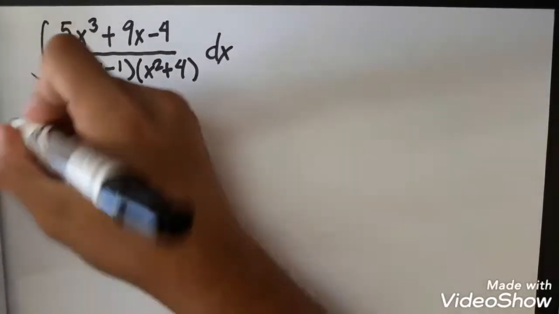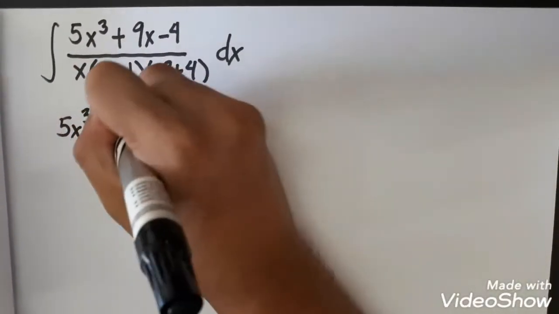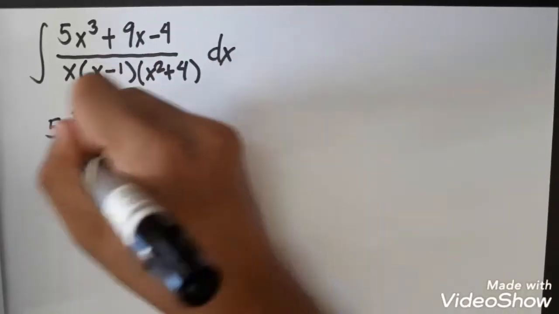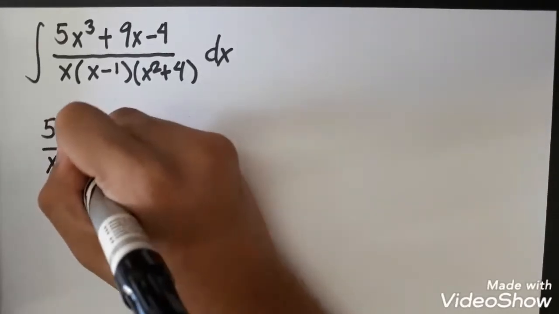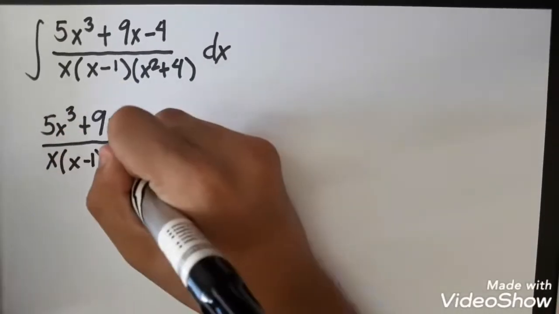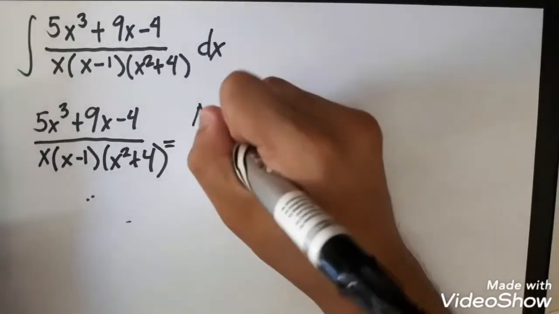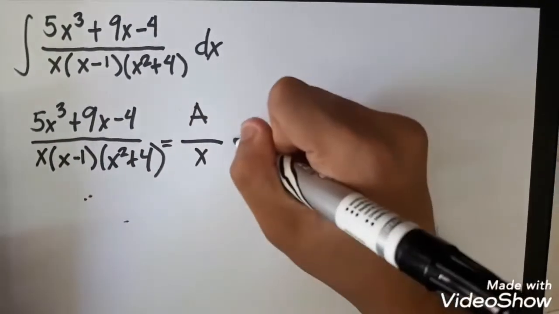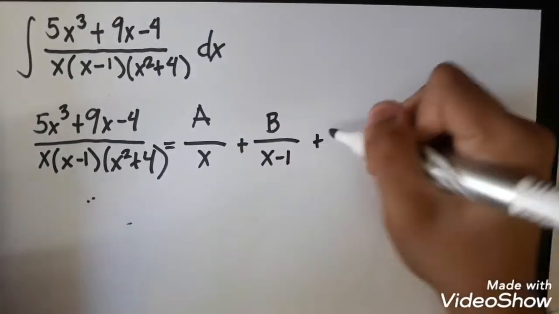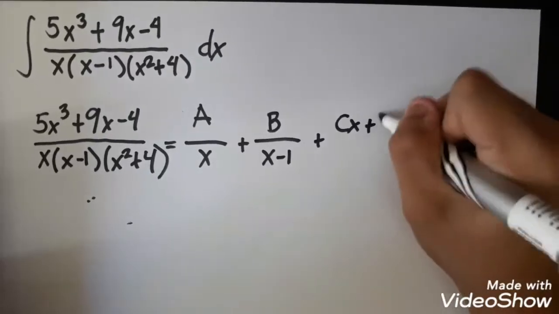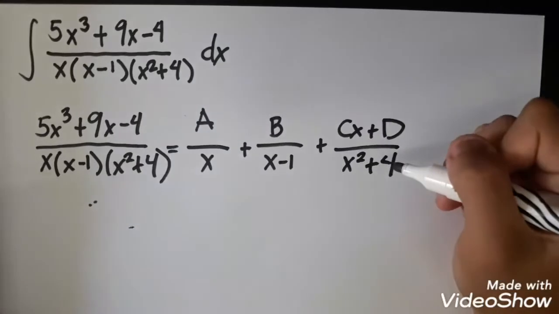So 5x cubed plus 9x minus 4 over x times x minus 1 times x squared plus 4 is equal to a over x plus b over x minus 1 plus cx plus d over x squared plus 4.